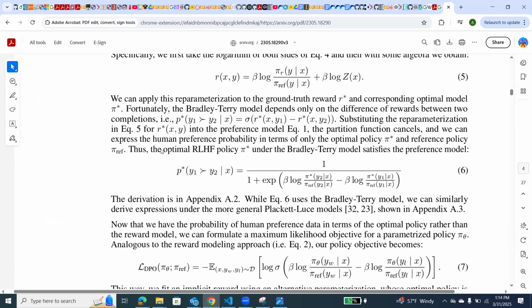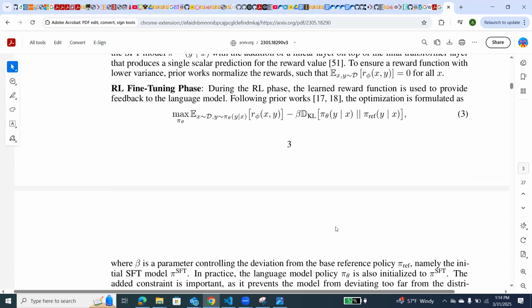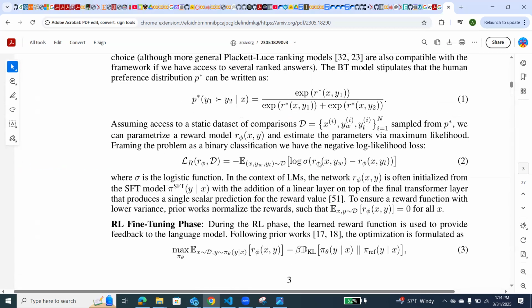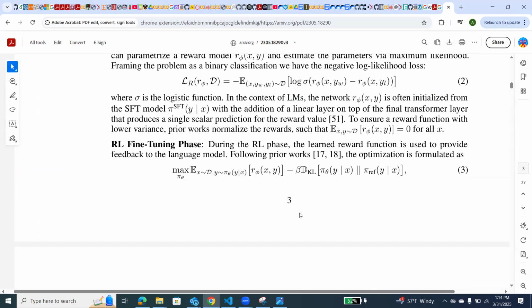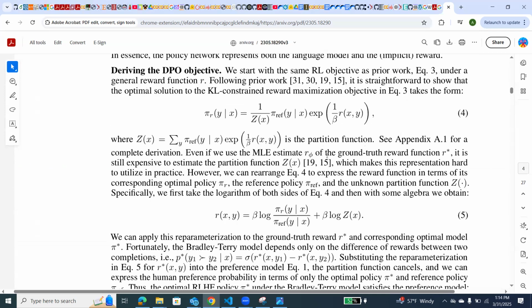Okay, so as you remember, we should use the sigmoid of R. If we derive this R from this formula 4, we will get the expression through our original language model, which wasn't fine-tuned, and the model which we want to fine-tune.